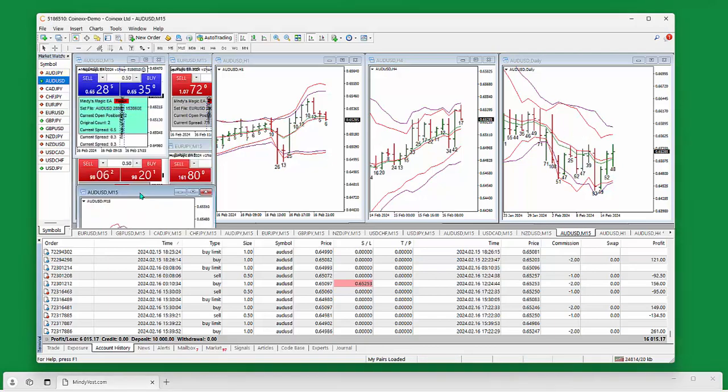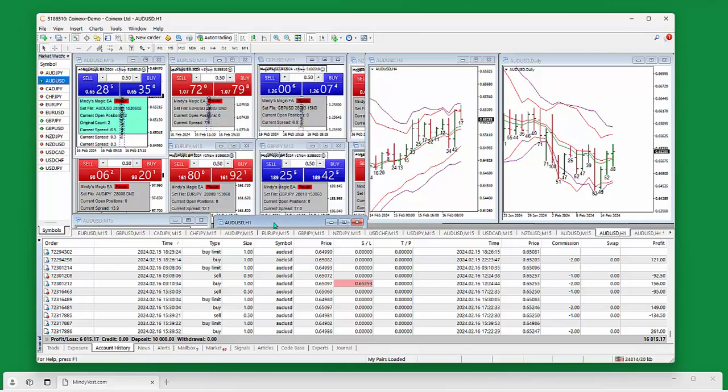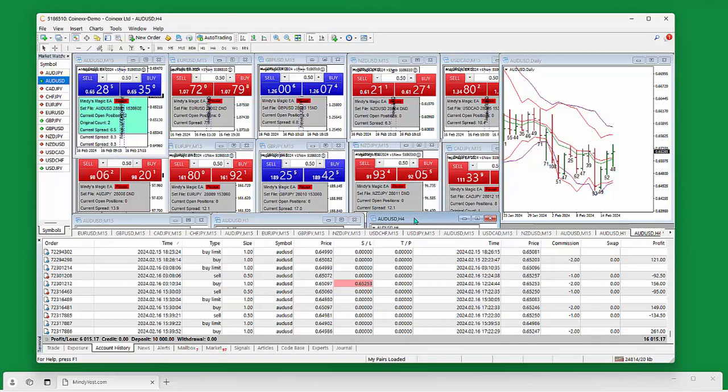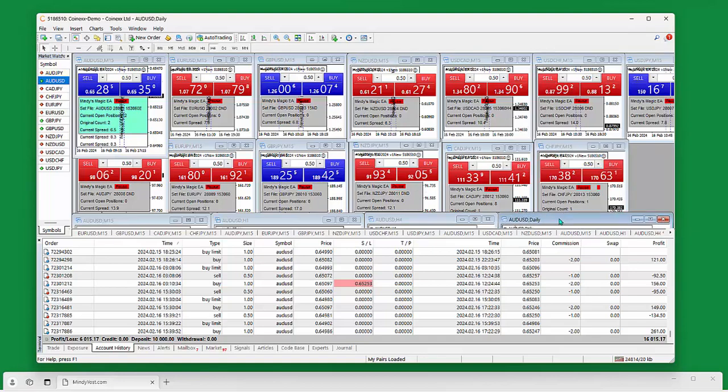Now, typically what I do when I'm trading, because I trade kind of a combination of my EAs and manual trading, typically when you see my screens of my MetaTrader platforms, they look kind of like this, where all of the pairs that I'm currently trading with my EA has a little chart with the EA dashboard on it, and I can go in there and manage the properties if I want to make changes.